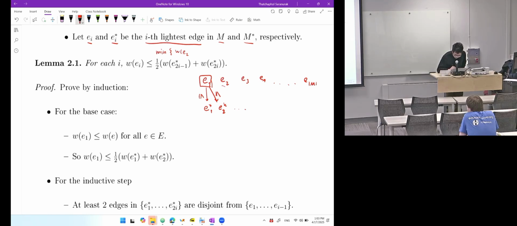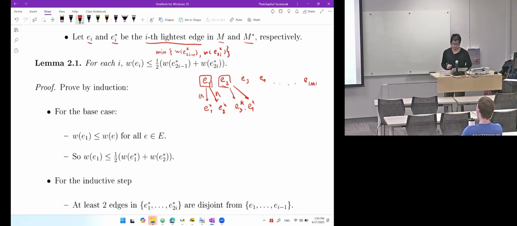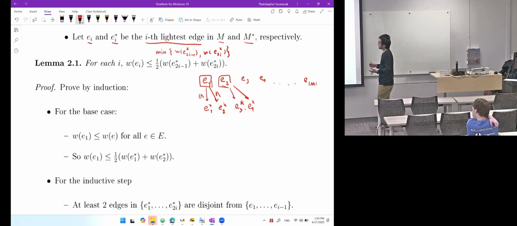And the weight of E2 is going to be at most the weight of this guy and this guy. And so on. Min E1 star. Okay. So let's prove by induction.